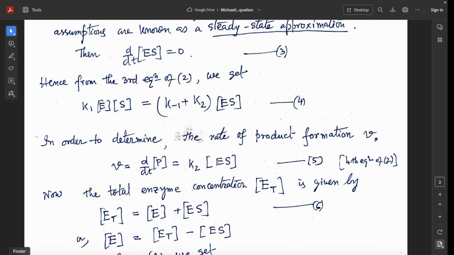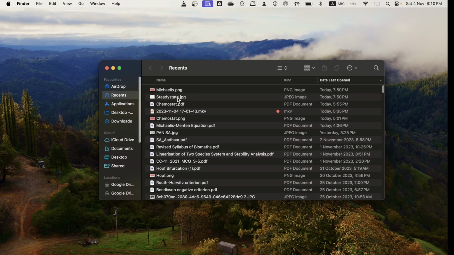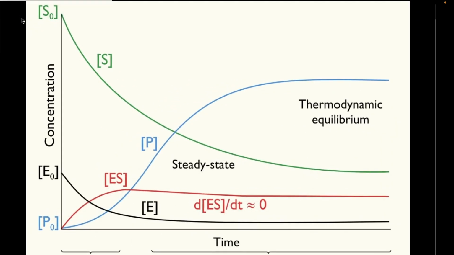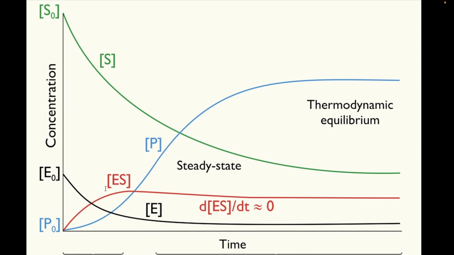Now, in this graph, the horizontal axis is the time axis, and the vertical axis is the concentration axis.